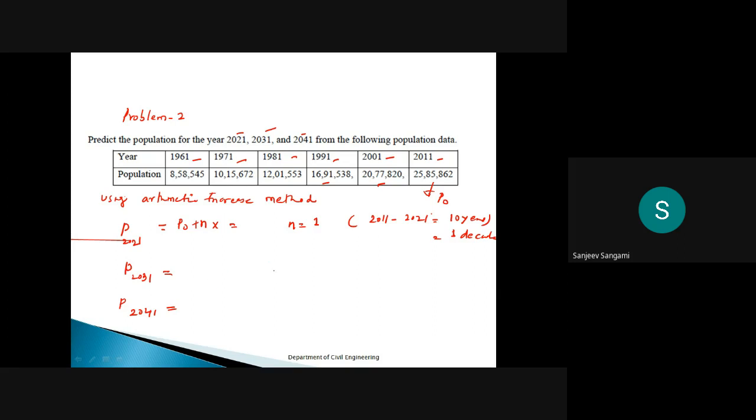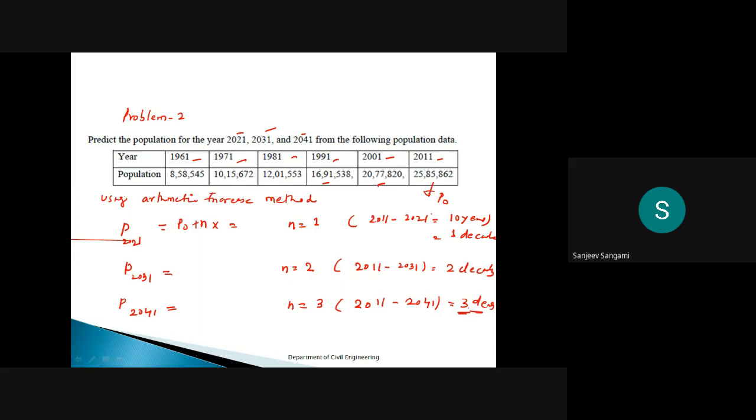Similarly, for 2031, n is equal to 2, that is from 2011 to 2031, 2 decades. For 2041, n is equal to 3, that is from 2011 to 2041, 30 years, that is 3 decades.